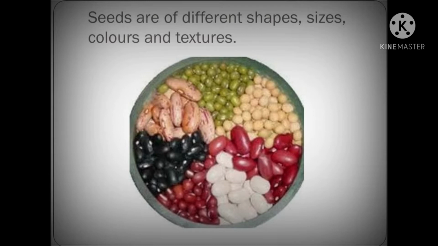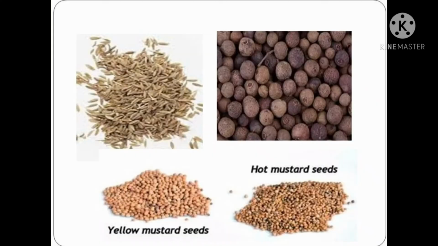There is a green seed, brown seed, red seed, black colored seed and even a white colored seed that you can observe on the screen. So we must note that seeds come in different variety of shapes and textures and sizes.